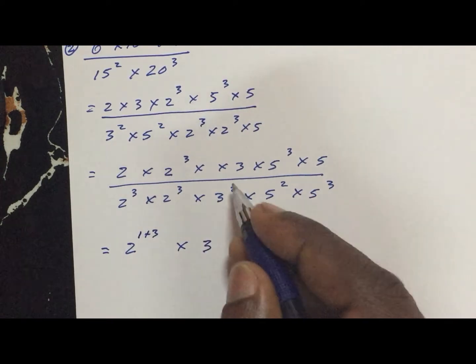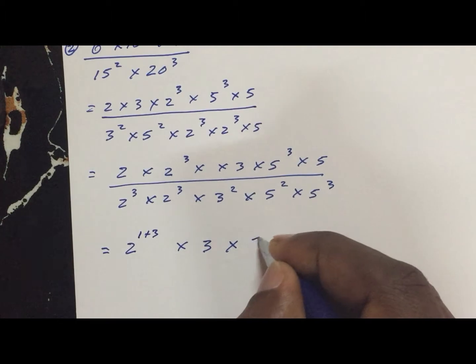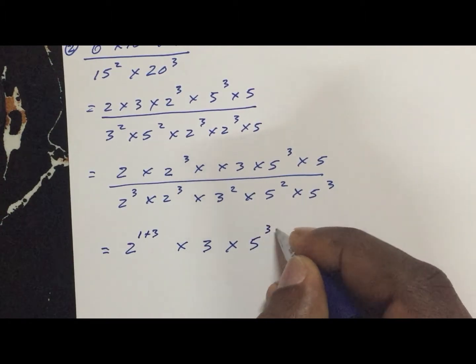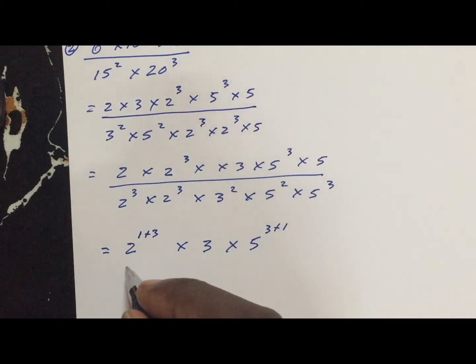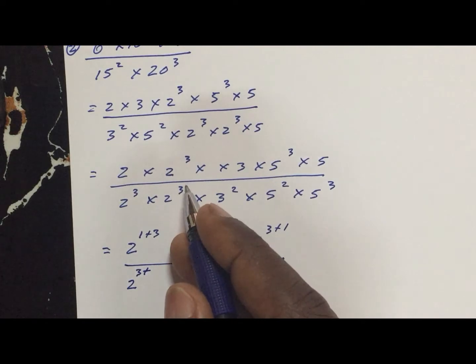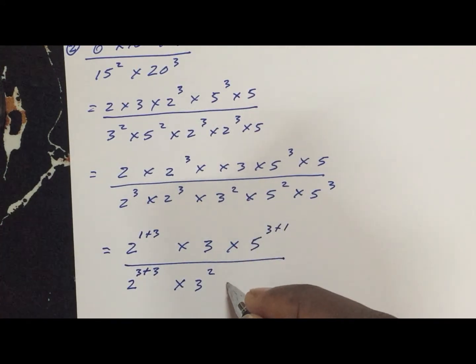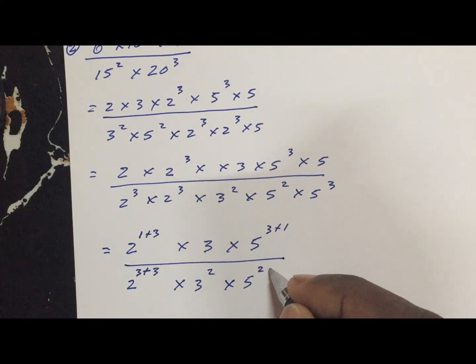There's only one 3 up there, times 5 to the 3 plus 1, that is 5 to the 1, divided by 2 to the 3 plus 3, times just 1 3, times 5 squared plus 3.